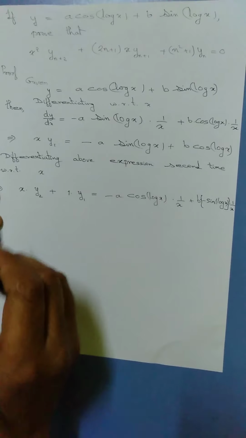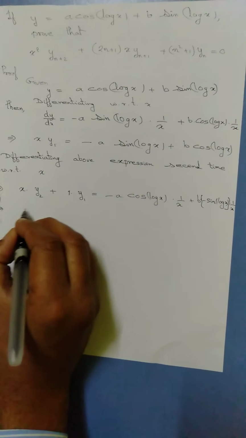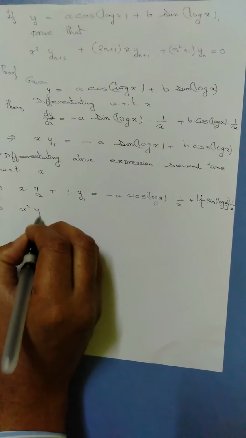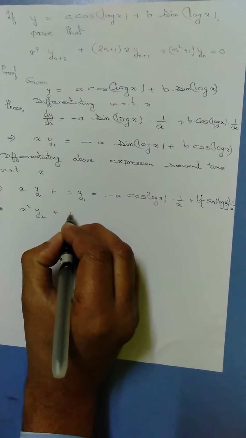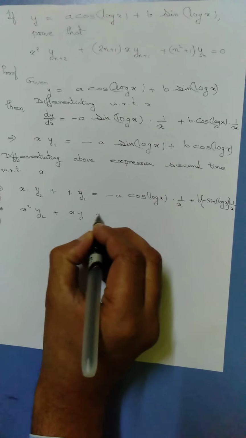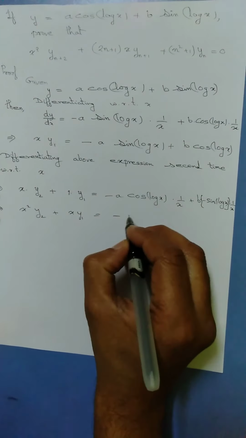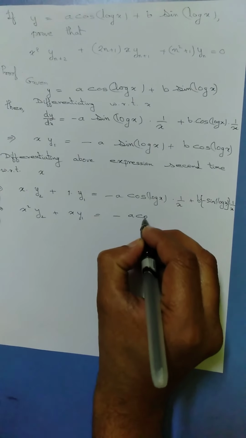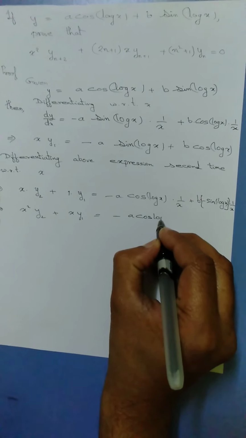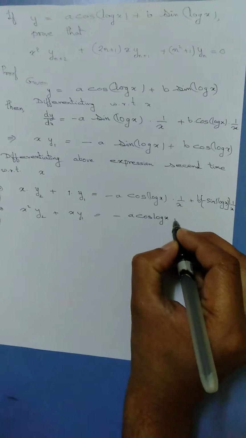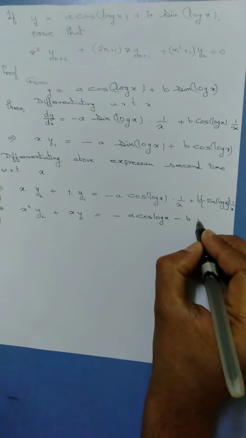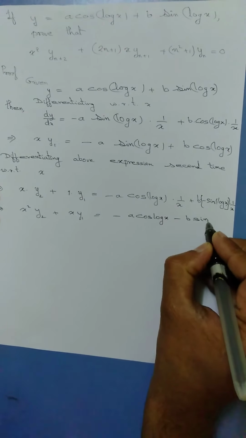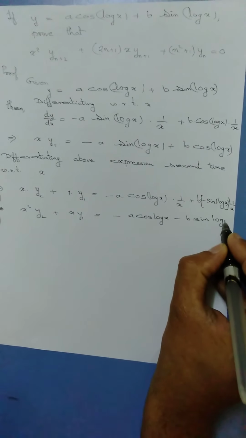Again we multiply by x throughout to have x square y2 plus x y1 equal to minus a cos log x minus b sine log x.